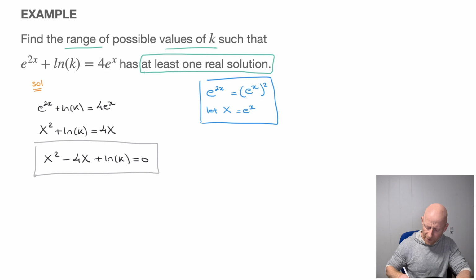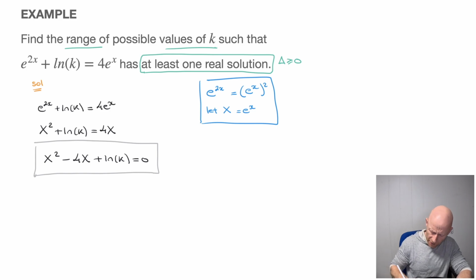In fact, let me write that. This quadratic equation will have at least one real solution if and only if its discriminant delta is greater than or equal to 0. And we could be more specific. If delta is equal to 0, then this equation will have exactly one real solution. And if delta is greater than 0, then this equation will have two distinct, meaning different, real solutions.